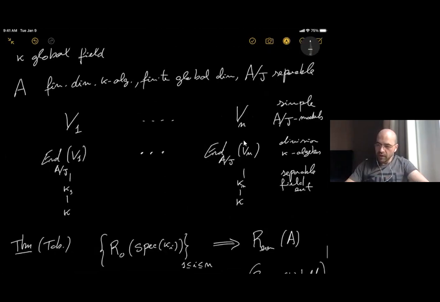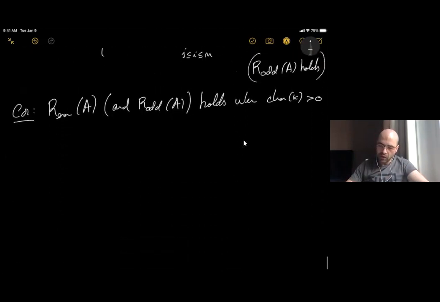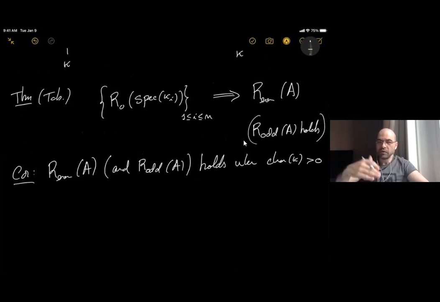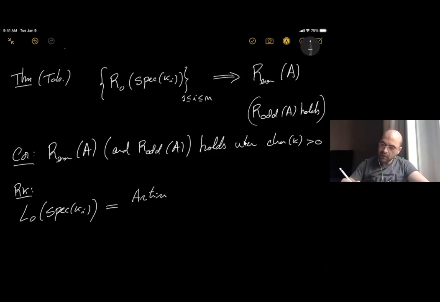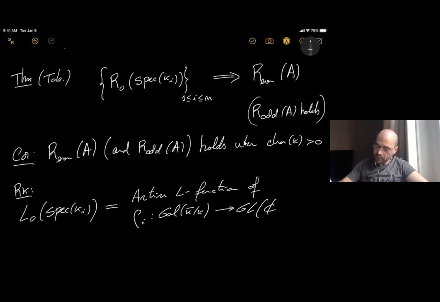Okay. And maybe a remark is, what can we say about these conjectures for these separable field extensions? Well, they already exist in the literature, because when you take these L-functions for each one of them, they are actually the Artin L-functions. So this is the Artin L-function of this representation of the absolute Galois group that is going to act on C, and here you have Spec K_i, and then you do the separable closure and you are done.